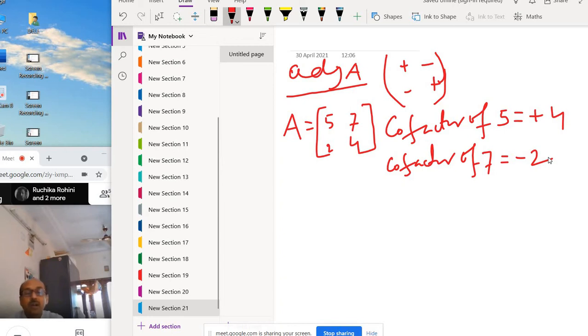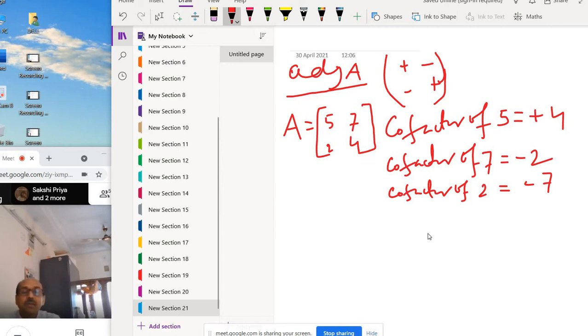Now the cofactor of 2. Deleting the corresponding row and column, which element is left? 7. And the sign position is minus. So the cofactor of 2 is minus 7.